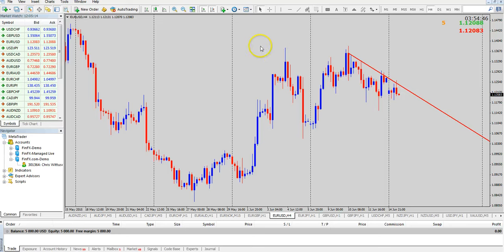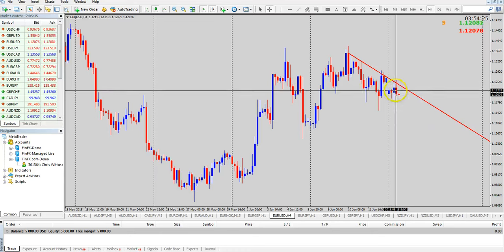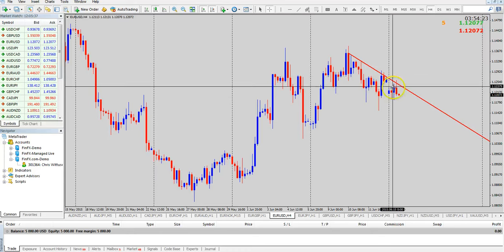But what we can see here is we have our starting point here, and it dropped, and then we have a lower high, then we dropped, and then we have a high that we tested, and we dropped again. We tested this support, and then we have a high, and now we're dropping again. So it looks like it's going to break down, but it also looks like it's ranging.